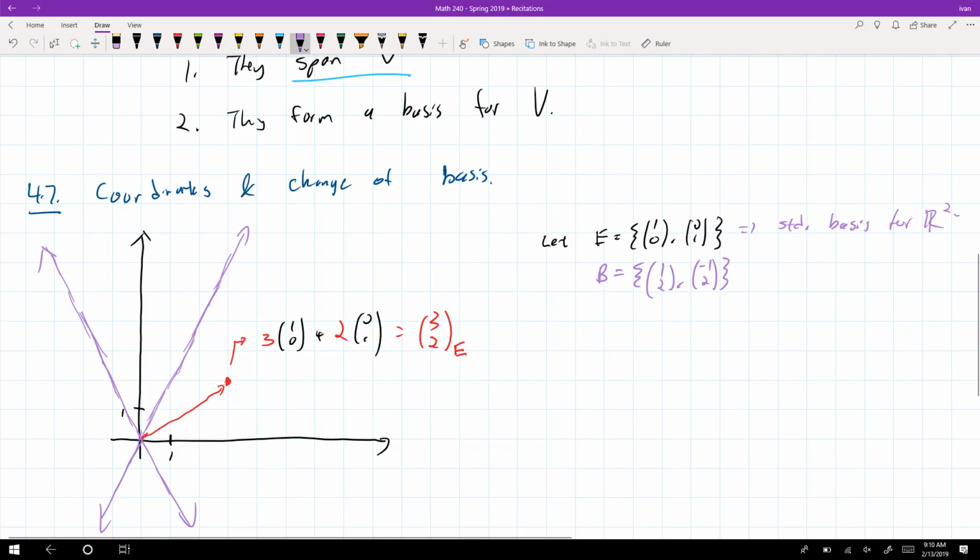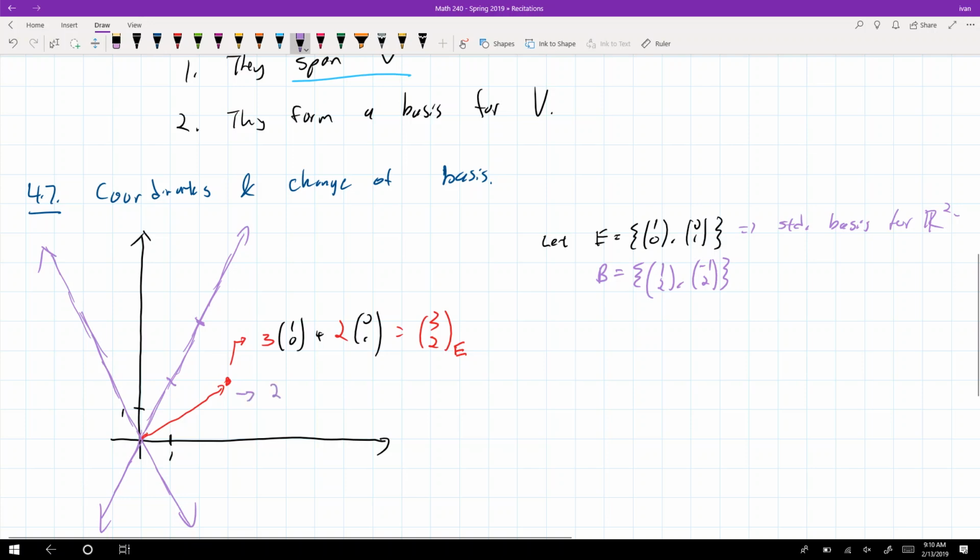Because we're in R2, we can actually just eyeball this. So can anyone see what we should get? Yeah, we should get (2, -1). The idea is, here's (1, 2), here's the second one, and then we come back down one of them.